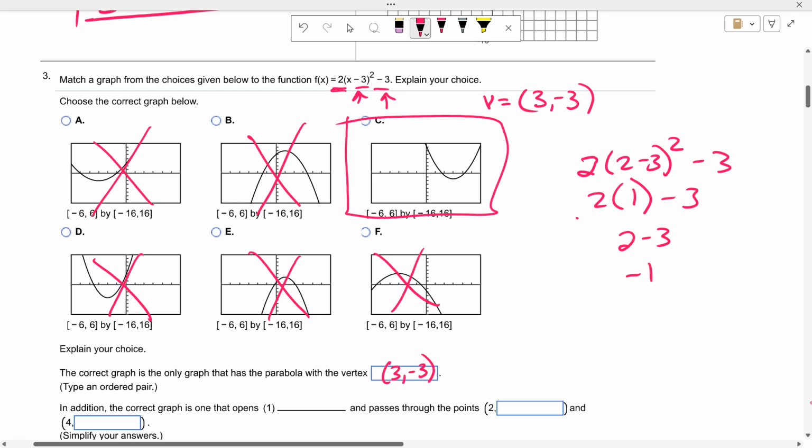Okay. So 2, -1. If we put in a 4, we get a 1 in here again, so we'll get the same answer, -1. So it's 2, -1, 4, -1. Vertex of 3, -3. We good?